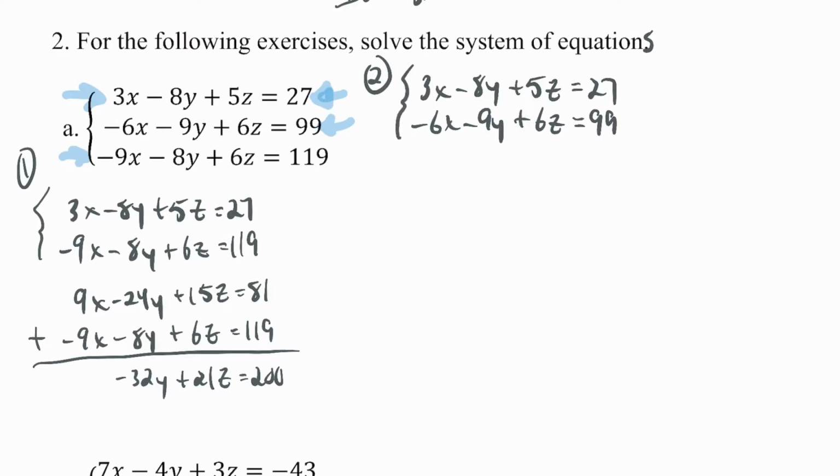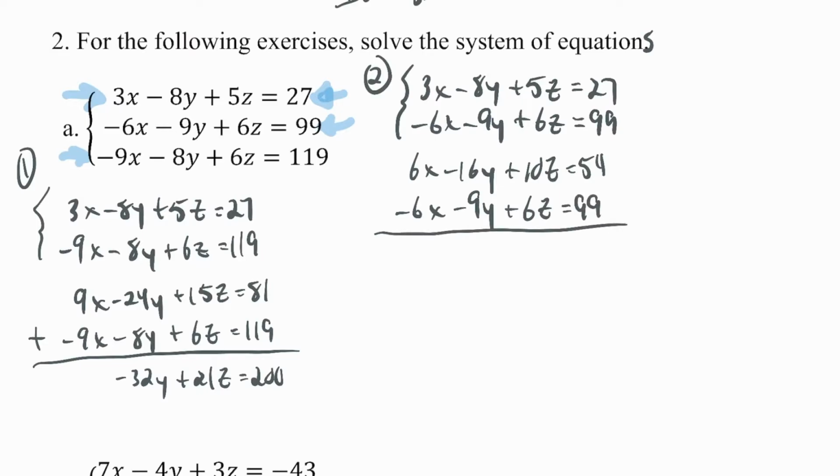Okay, so I'm going to double the top equation so that these coefficients will match. One's positive, one's negative. So that will give me 6x minus 16y plus 10z equals 54, along with negative 6x minus 9y plus 6z equals 99.